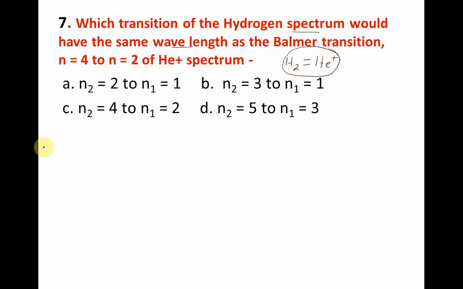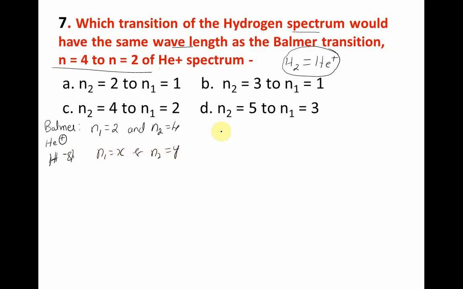So if I solve the problem with respect to this, first the Balmer series is given. In the case of the Balmer series, for the He+ ion, n1 is equal to 2 and n2 is equal to 4. They only gave n2 is equal to 4. And for the hydrogen spectrum, n1 is equal to X and n2 is equal to Y. I need to find out the values of X and Y.